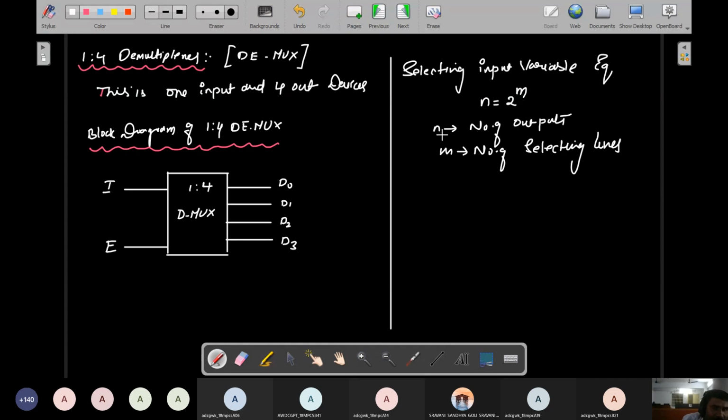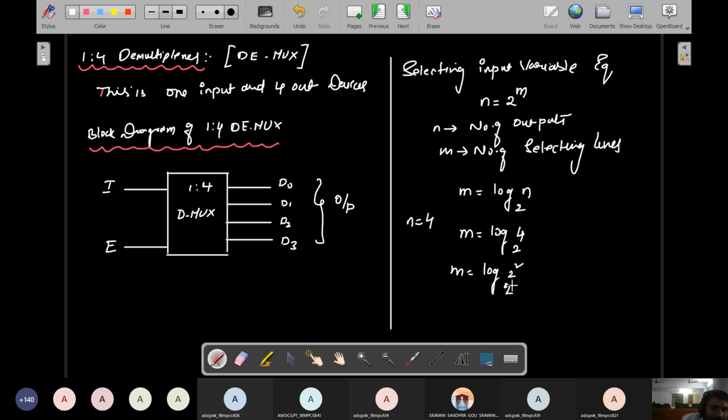Applying logarithm to this equation, it can be written as m is equal to log n with base 2.